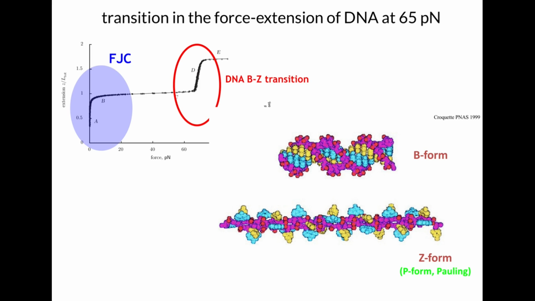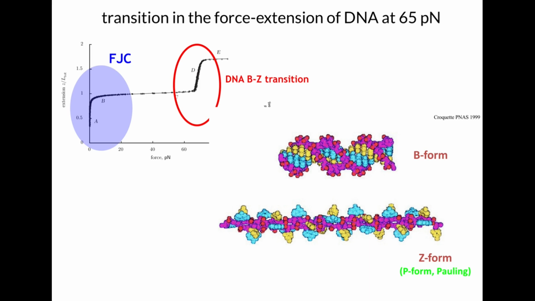What is happening here is actually a transition of the structure of DNA. And that is called the B to Z transition, where the B form is the regular B form, where we have the helix as explained.